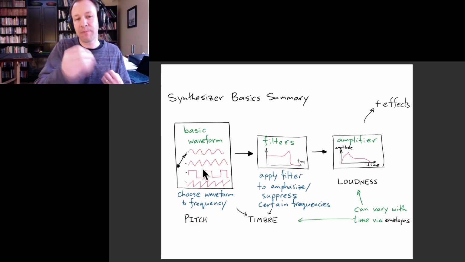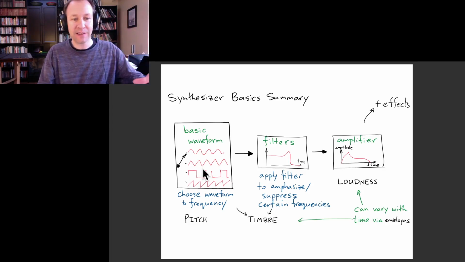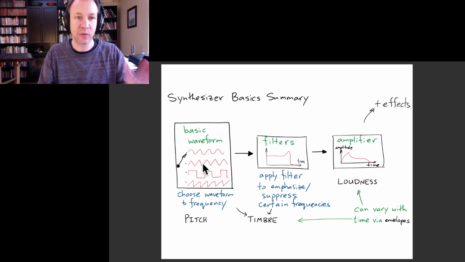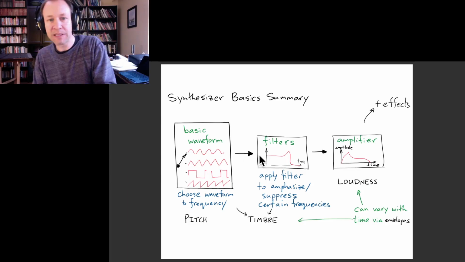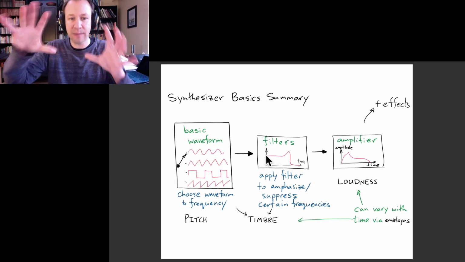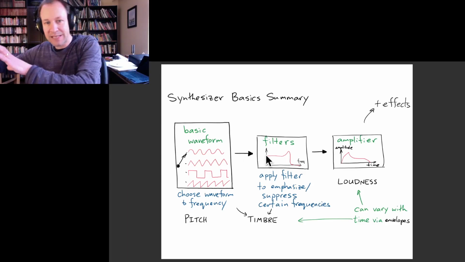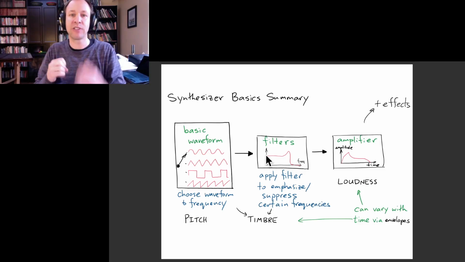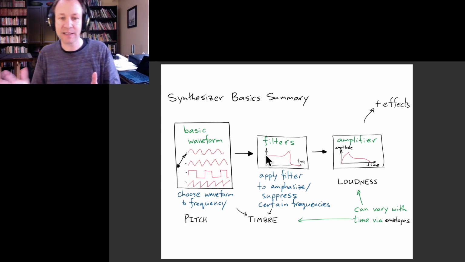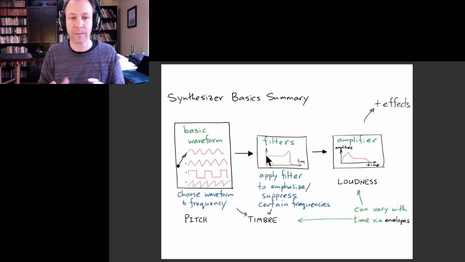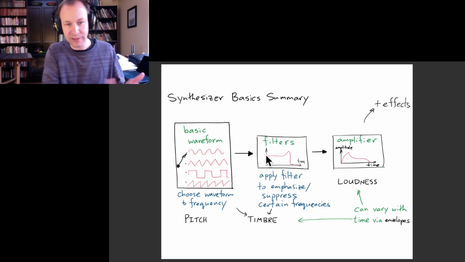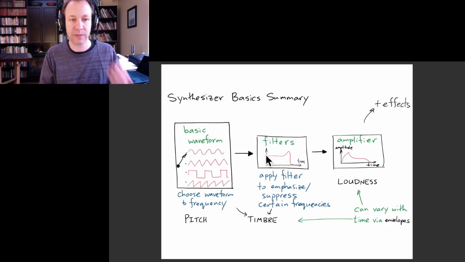We would choose the pitch that we want the final note to have by choosing the frequency of this basic waveform. Then we're going to apply some filters to the spectrum, damping out certain frequencies and emphasizing others, so that will change the amplitudes of the various harmonics that we have in our note. So these two things determine the overall timbre of the note during the sustained tone that we want to produce.